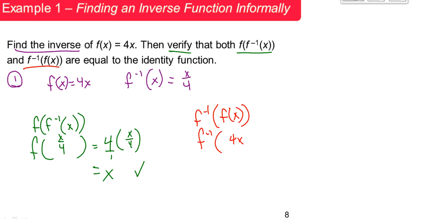Since I'm using f inverse of 4x, I'm going to put 4x where that x is. And so I'm going to put 4x over 4. Well, that simplifies to just be x as well. So both of those are equal to the identity function, which is just x. So that is our first inverse that we've done.